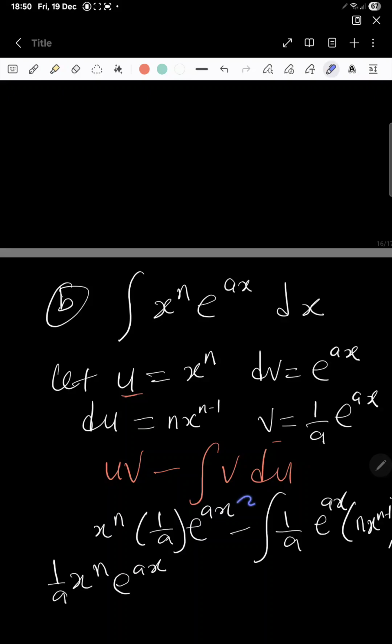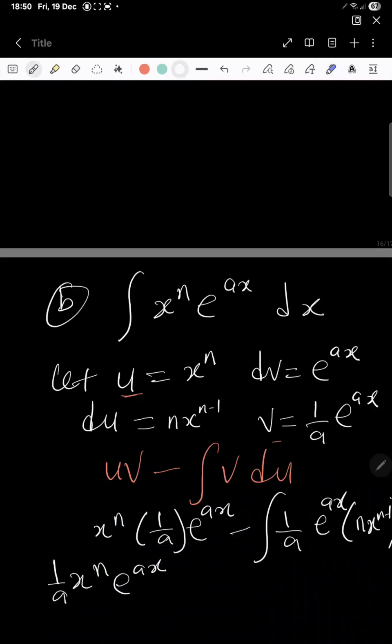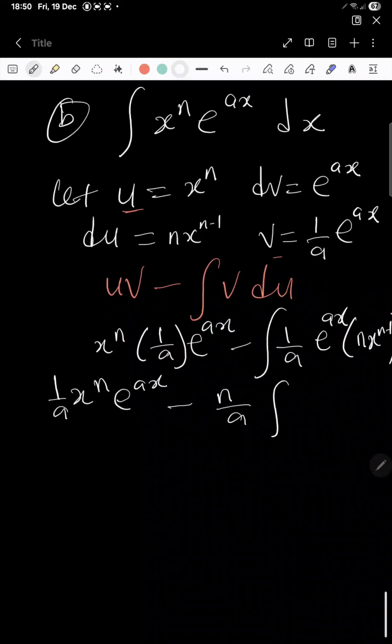So I've just written this one here, and then we go to minus. Here we have 1 over a, and the n, when they multiply, you are going to have n over a, then integration of x to power n minus 1 times e to power ax. You are going to have x to power n minus 1 e to power ax.